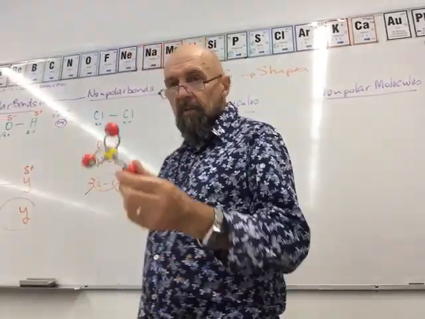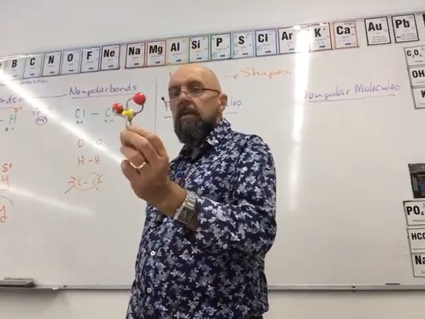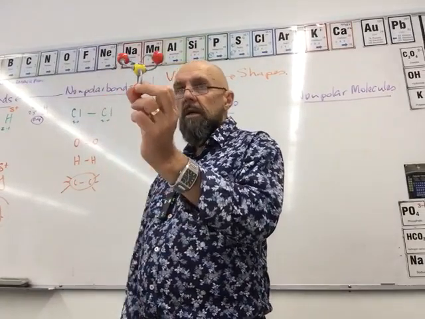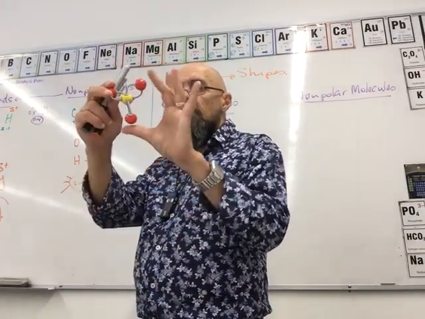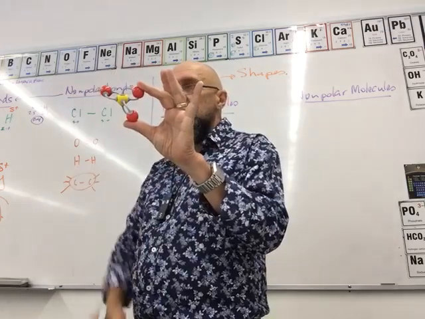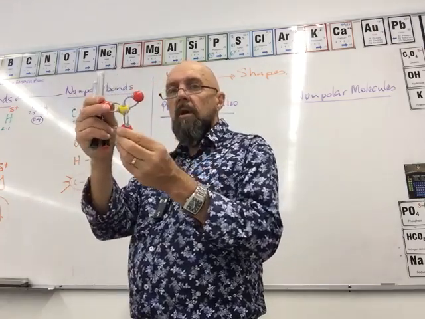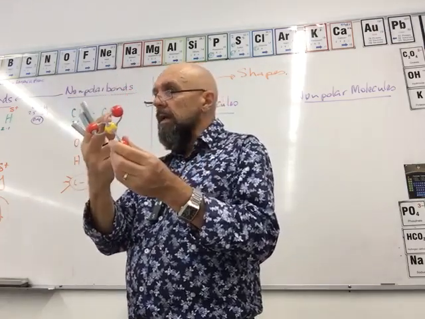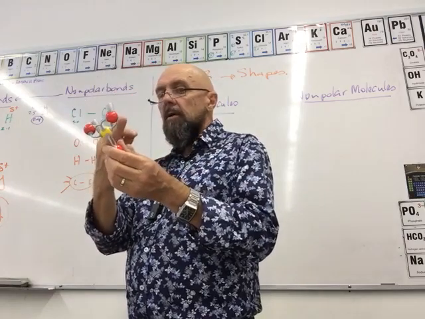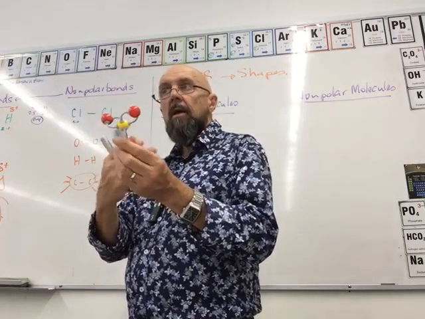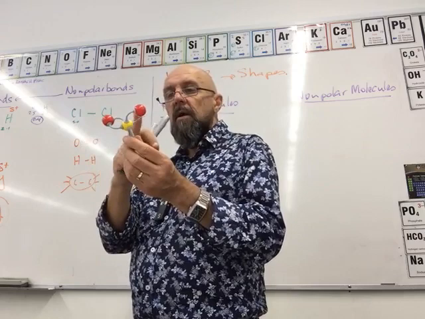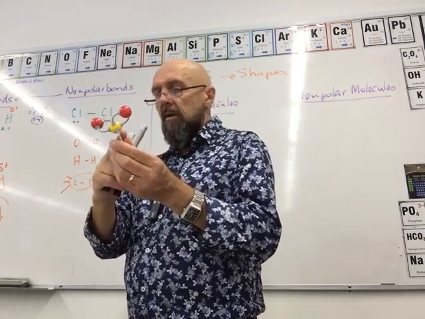Just like sulfur trioxide, if you look at it, it's actually 120 degrees. So those oxygen atoms are not closer together there, and they're not closer together there. They're all at 120. Okay? You've got electrons here, here, and here. And you think, well, that's a negative area, that's a negative area, that's a negative area.